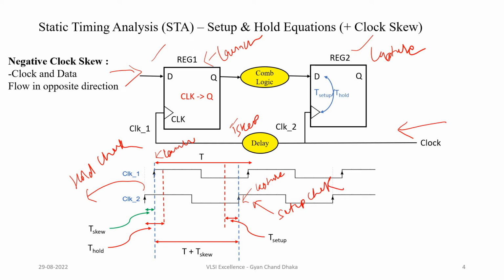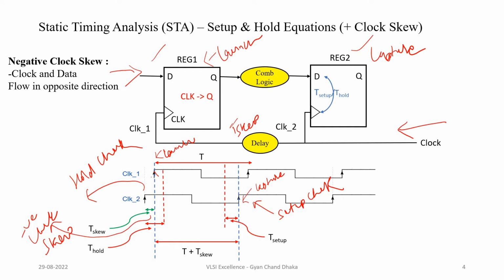So here this is the data, and this is the setup check, right? Now if you see here, the T skew is coming from the capture flip-flop towards the launch flip-flop, this direction. So this is nothing but our negative clock skew. In other words, data is launched at this clock edge and it is captured at this clock edge.